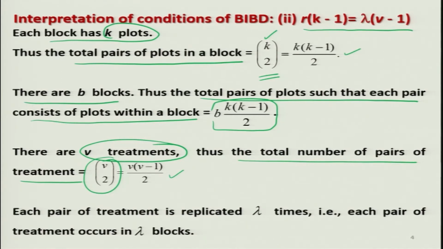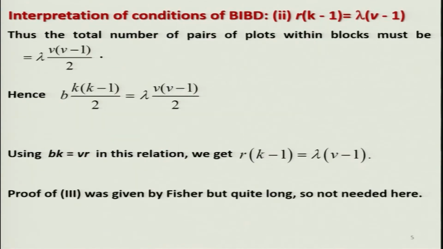So, since each pair of treatments is replicated lambda times, that is, each pair of treatments occurs in lambda out of B blocks, then we can say that the total number of pairs of plots within blocks should be lambda into V minus 1 into V divided by 2, that is lambda into V choose 2.